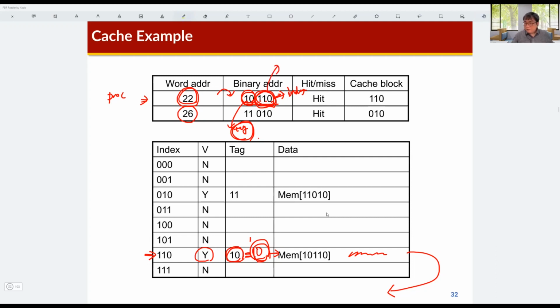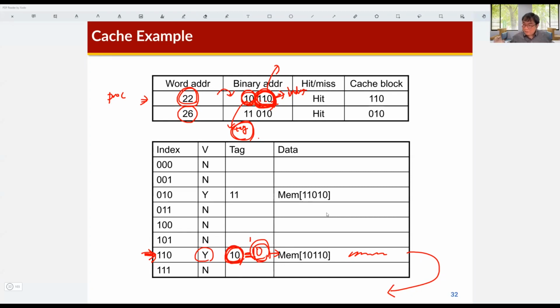So how can we check? First, we access the cache entry with this index number, and then we can read the stored tag in the corresponding cache block. Then this tag is compared with the tag part of the requested address.